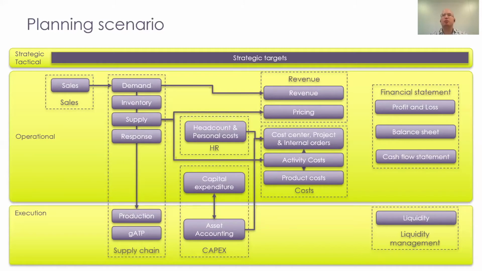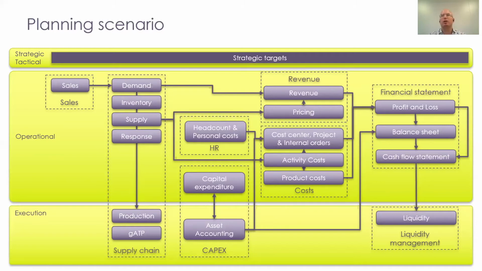Even cost plans are linked between them. Pricing goes into revenue, and then in the end, everything goes into a profit and loss. And then the asset accounting in combination with profit and loss goes into your balance sheet. Balance sheet goes into cash flow statement, and cash flow can go into liquidity management. So this is a planning scenario where everything is broken down into pieces and the information flows from each piece to another in order to have, in the end, a financial statement for a plan cycle.